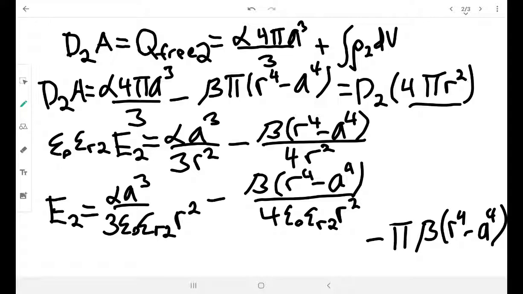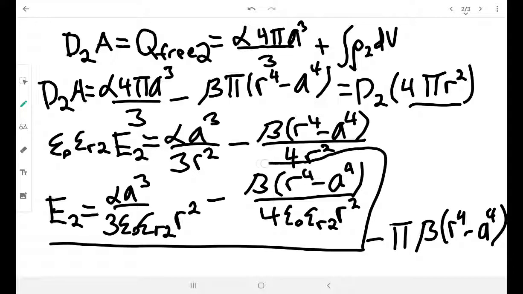And yes, that is your E field for the second region, the magnitude of it.